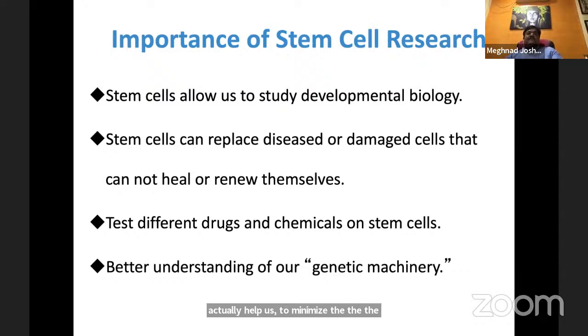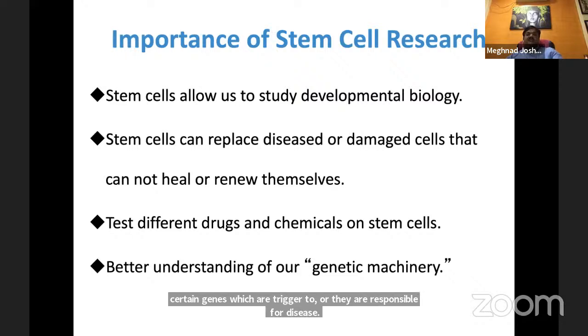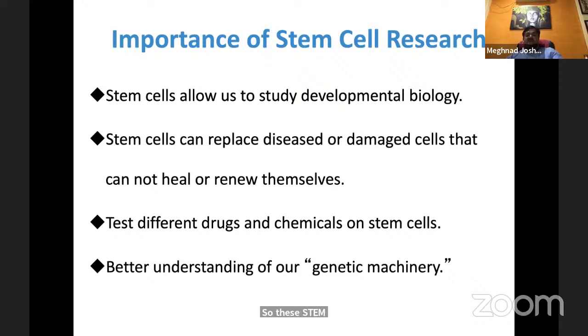And most important, whenever a disease occurs, there are certain genes which are triggered or responsible for the disease. So stem cells help us understand the genetic machinery, how the disease occurs, or how you could actually reverse the disease. So these are the important aspects of stem cell research.